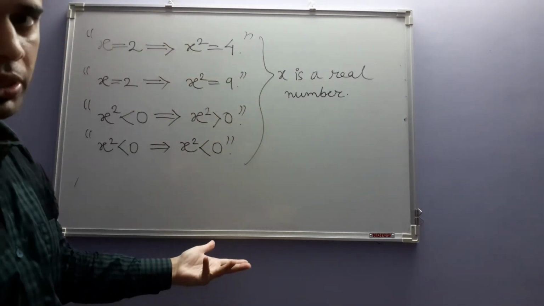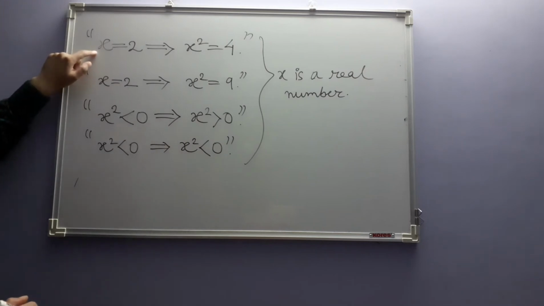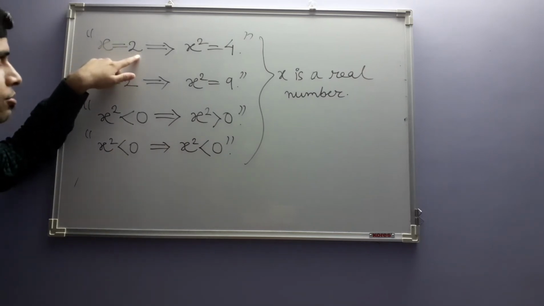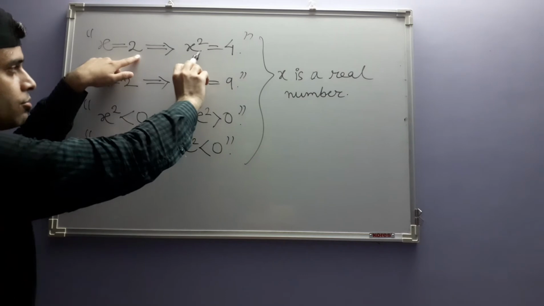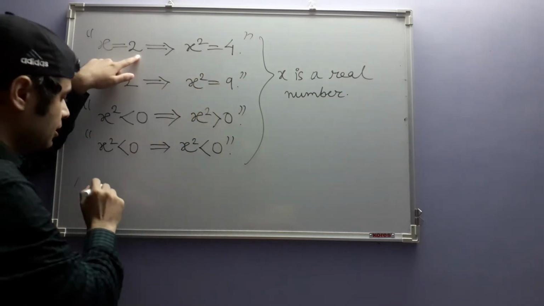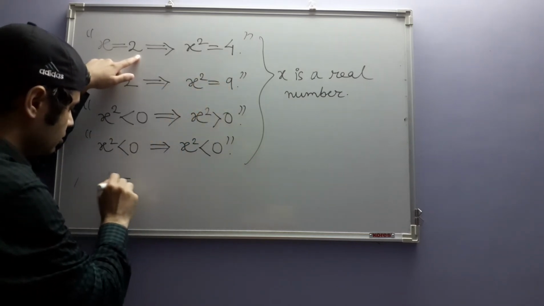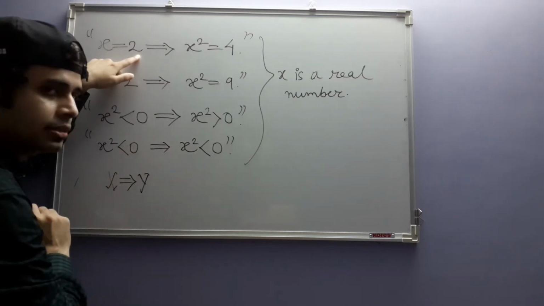Now consider these implications. If x is equal to 2, then x squared is equal to 4. By the way, this implication, there are many ways of writing this.